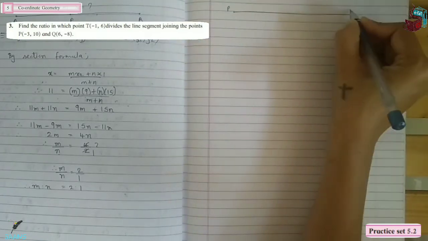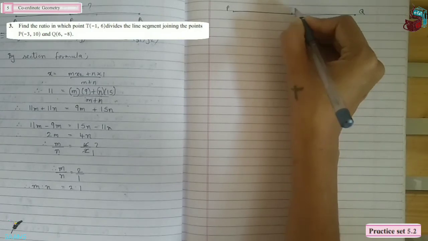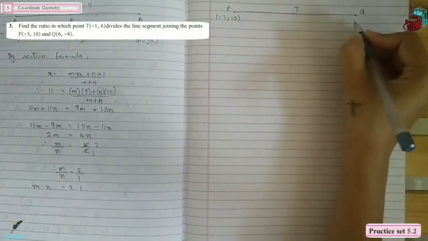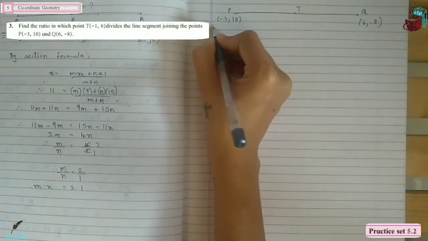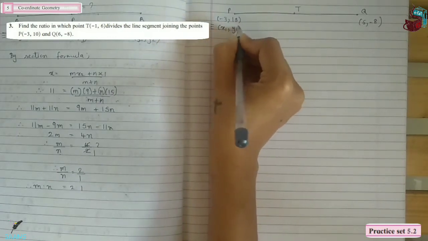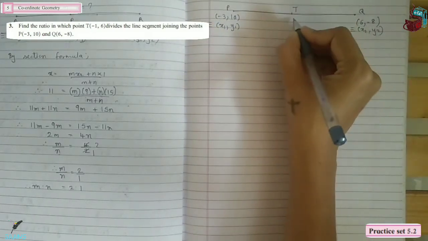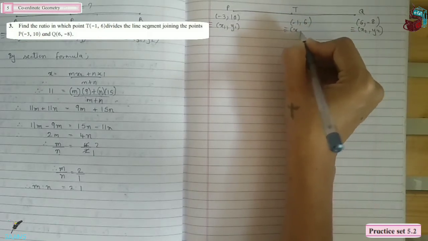P is given as (-3, 10) and Q is given as (6, -8). Then this is x1, y1. And T is given as (-1, 6) and that is x, y.